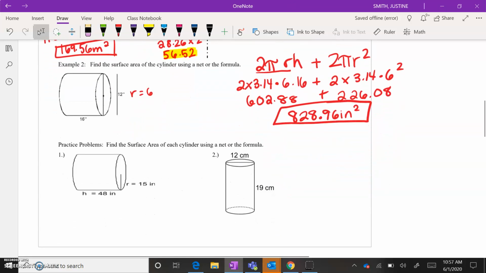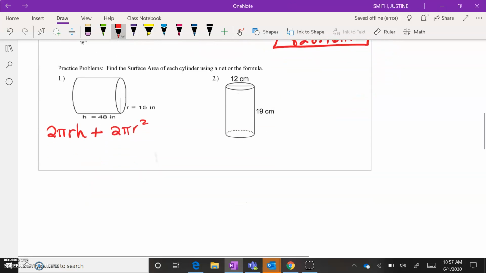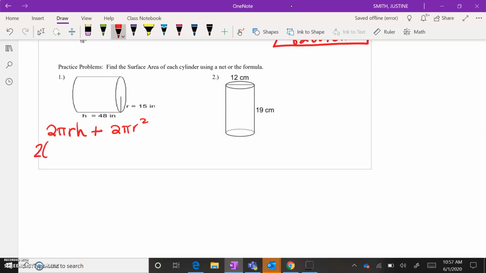All right, so same thing here. So number one, again, I'm going to use my formula. So 2 pi r, so basically the circumference times the height, plus 2 times the area of a circle. So 2 times 3.14, they give me the radius is 15 and the height is 48.